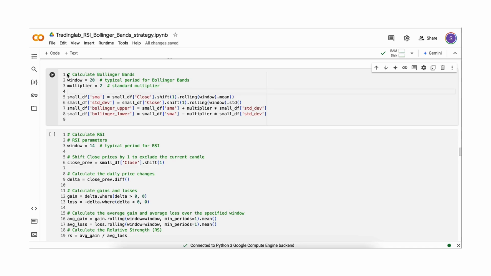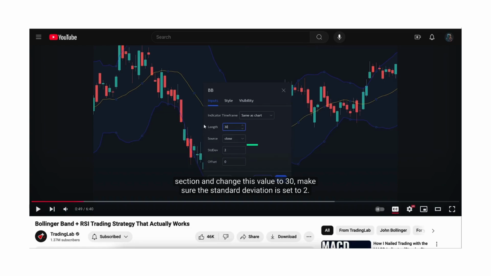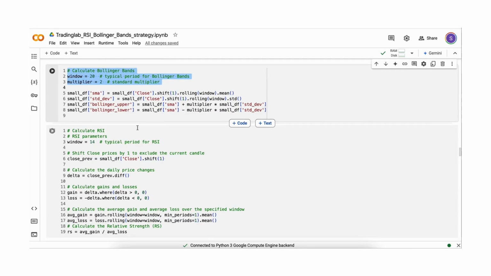Just as a brief recap, we set a window of the Bollinger Band. Typically this window is set to 20, which is what we will do now, and then we will follow the advice from TradingLab and set it to 30 separately below in the notebook.